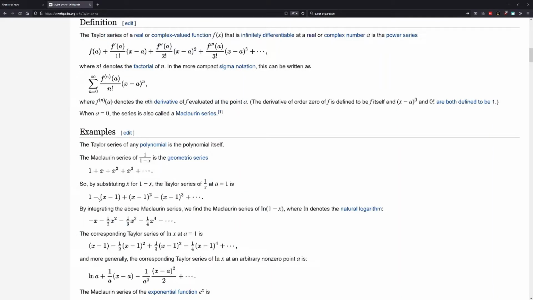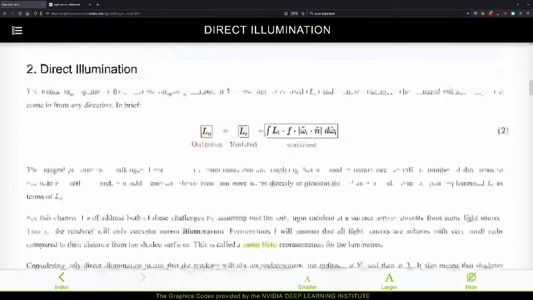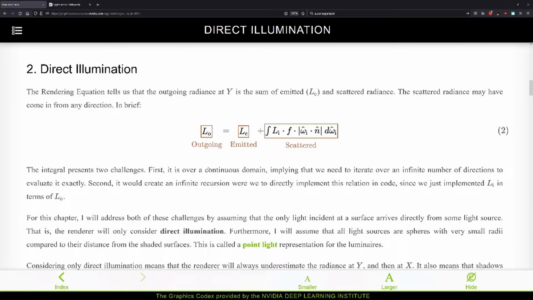But what Leslie's describing is, right now with direct illumination, we're really only considering the first term of the expansion, because it is an integral over a whole surface, and it would be recursive. Yeah, infinite recursion, because we're doing it at every surface and then every other surface.